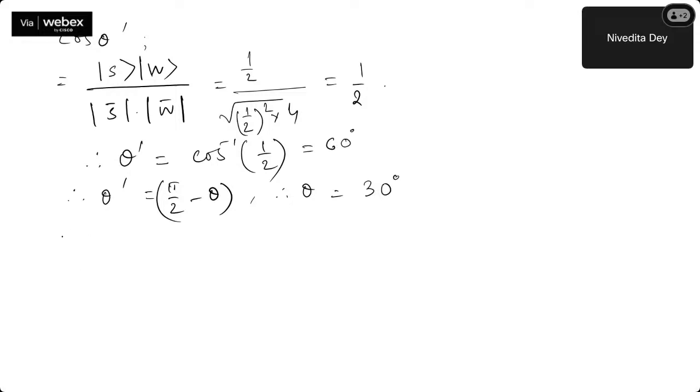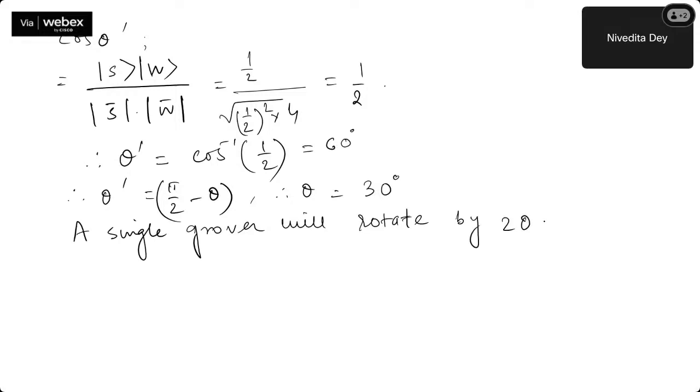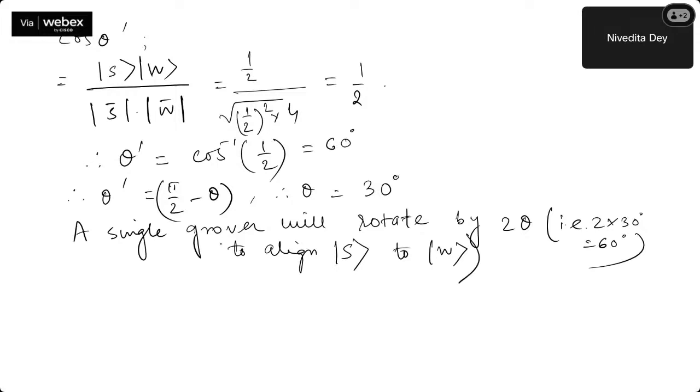So a single Grover iteration will rotate from the initial state by how much? Rotate by 2 theta, that is 2 into 30 degree or 60 degree. That is the ideal rotation that you have made, in order to do what? To align your S with the marked state W.